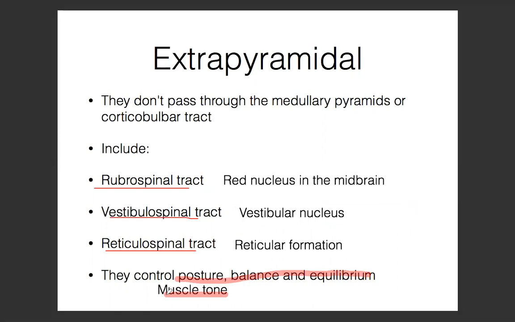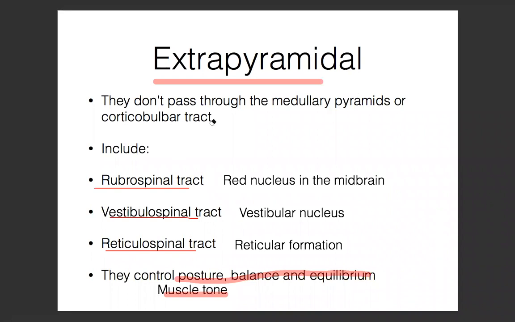So how balanced you are, how much pressure you put, how you move, those things are controlled by the extrapyramidal tracts. For example, if there is a problem with the extrapyramidal tract, some of the symptoms you'll have are tremor, things like that, or being unable to keep your balance. I'll give more details in a bit when we talk about the clinical side, but this is basically your idea of an extrapyramidal tract.